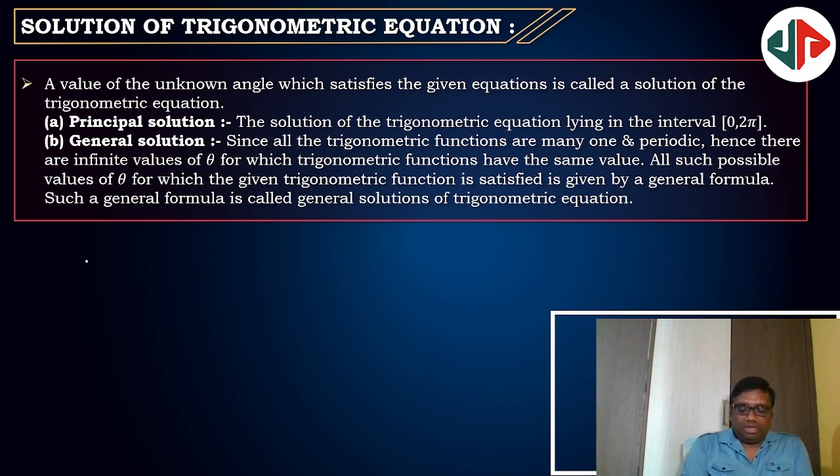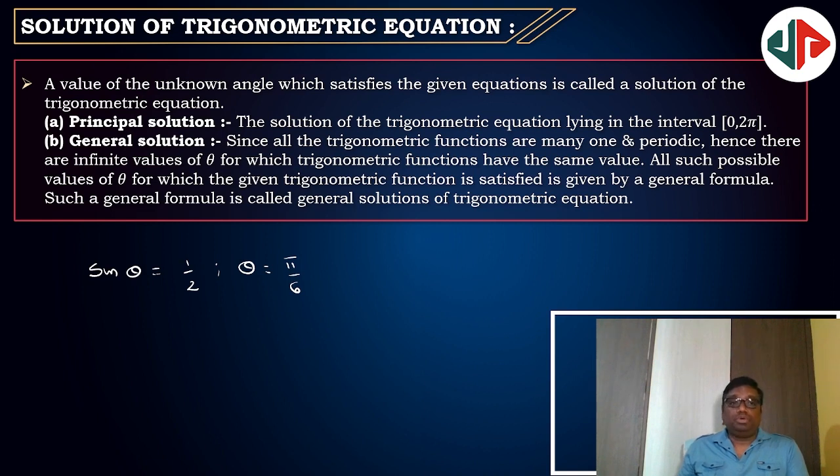For example, if sin theta is equal to 1 by 2 is given, which value of the unknown angle theta will satisfy this equation? It is clearly pi by 6. Sin 30 value is 1 by 2. This is called the solution of the trigonometric equation.